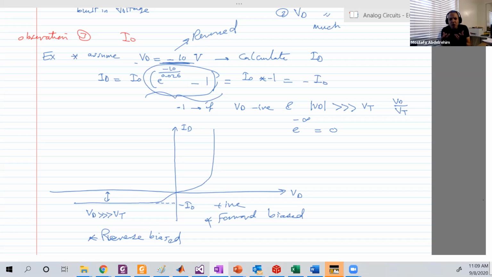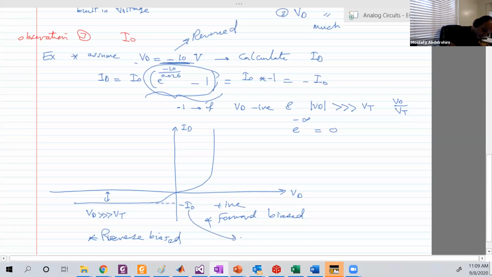So where are the carriers that do that? Actually, it is called the minority carrier current. So I know this current here is minority carrier current.